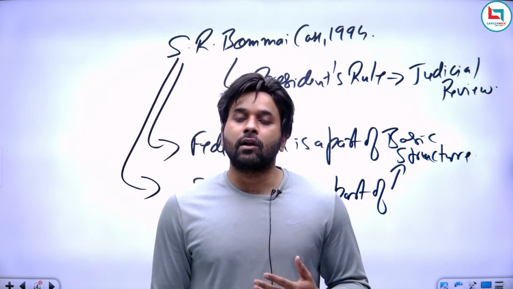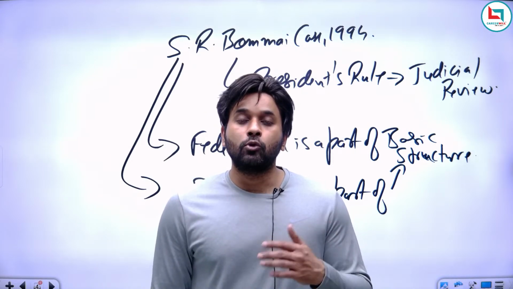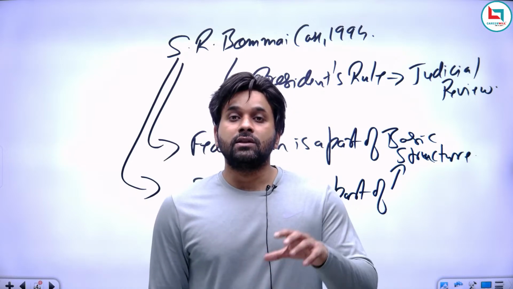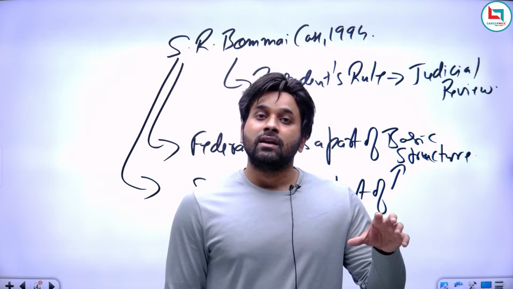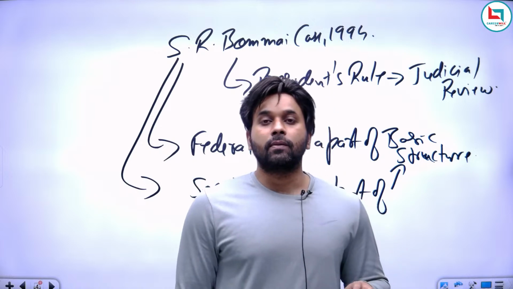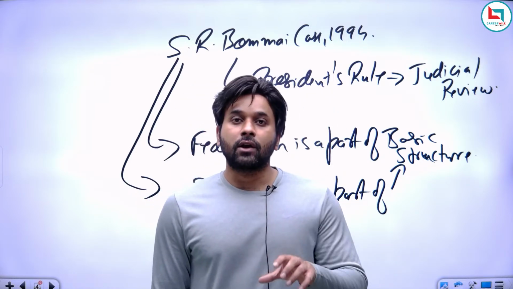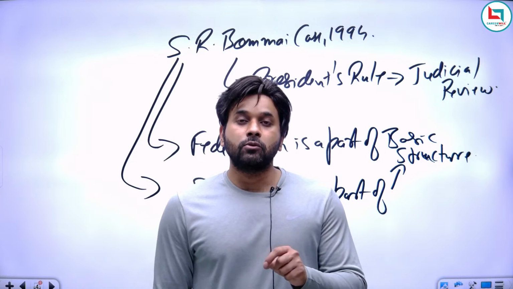So what did the central government do? The central government imposed president's rule on these three states because these three states were violating the secular structure of the constitution. So on the ground of secularism, the president's rule was imposed on these three states.